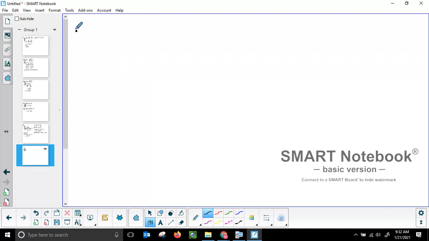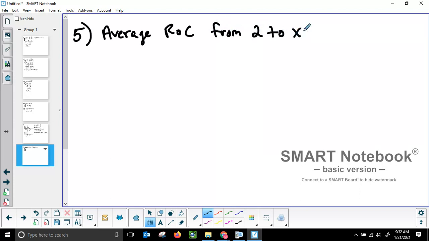Number 5. Find the average rate of change from 2 to x for f of x equal to 2x squared plus 7.